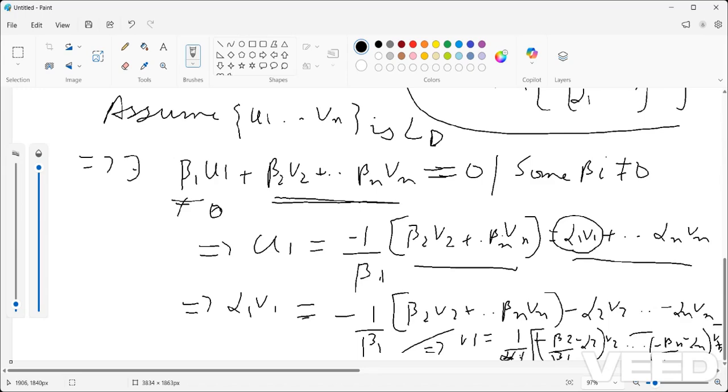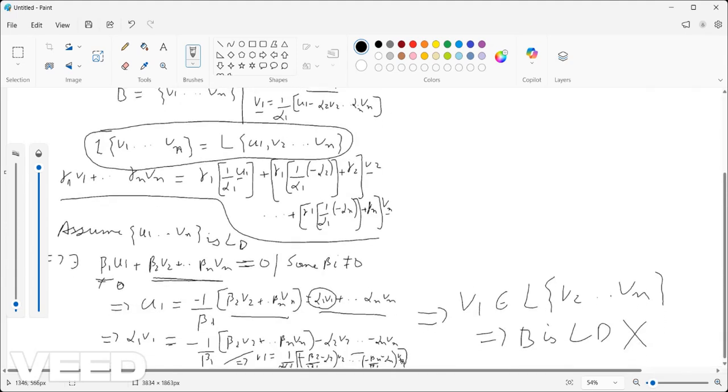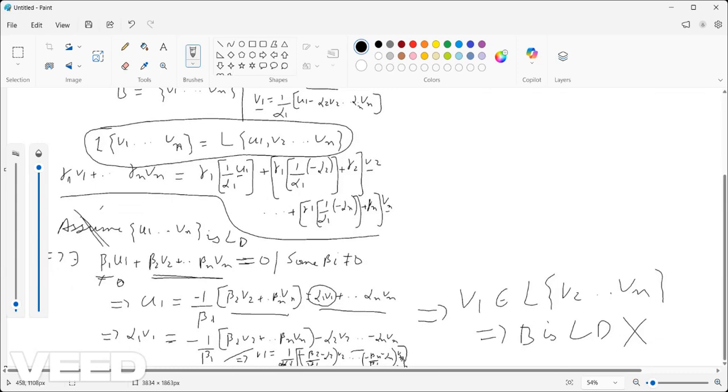So from this we get that v1 is in the span of v2 to vn, meaning that the basis is linearly dependent, which violates our assumption that it was a basis. So our assumption is wrong, and u1, v2 to vn is linearly independent.